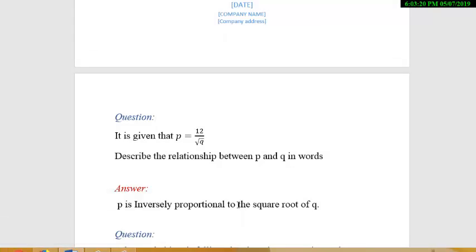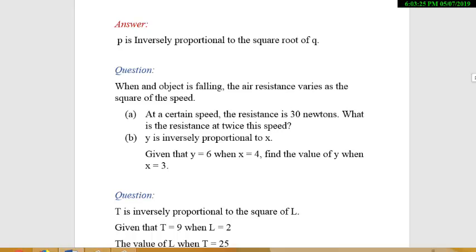So now let's come to the second question. The next question is that when an object is falling, the air resistance varies as the square of the speed. Okay, so let me write it. It is varies. So here it is not mentioned whether variation is directly or inversely.